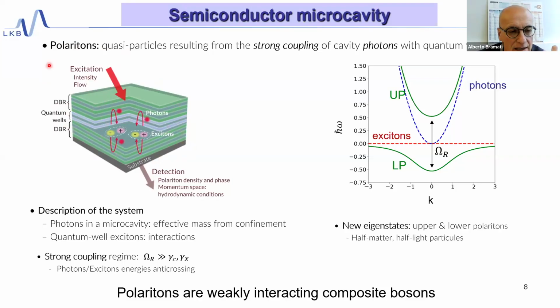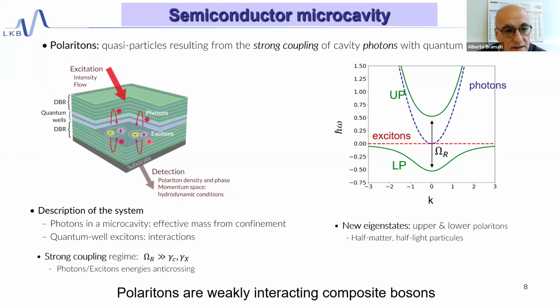By laser excitation, it is possible to create excitons inside the quantum well. Of course, the excitons are confined in the z direction due to the presence of the quantum well, but they are free to move in the transverse plane of the structure.